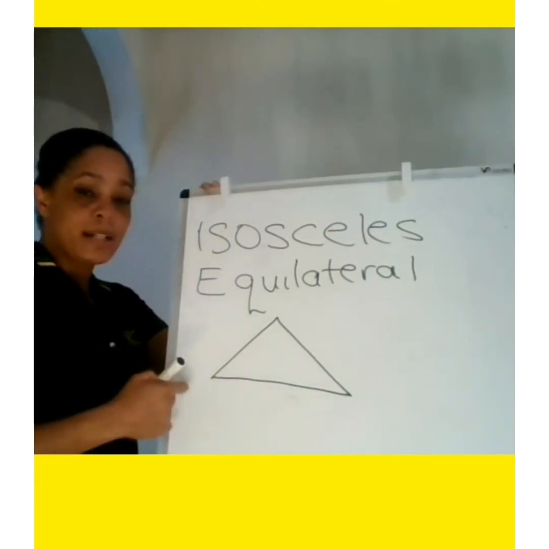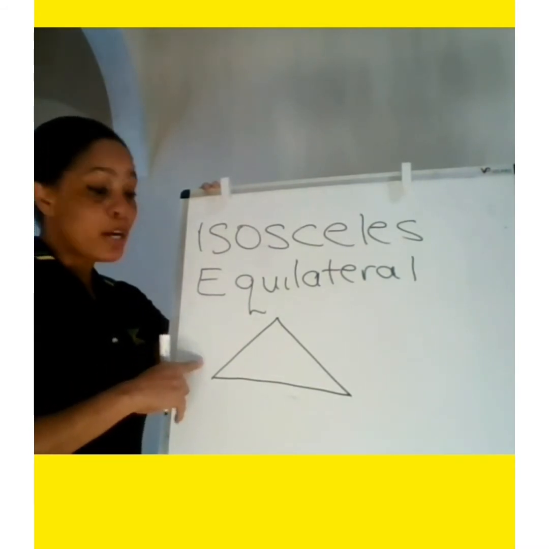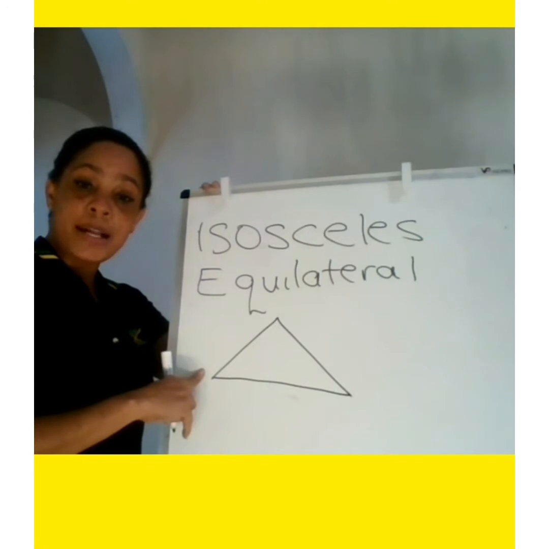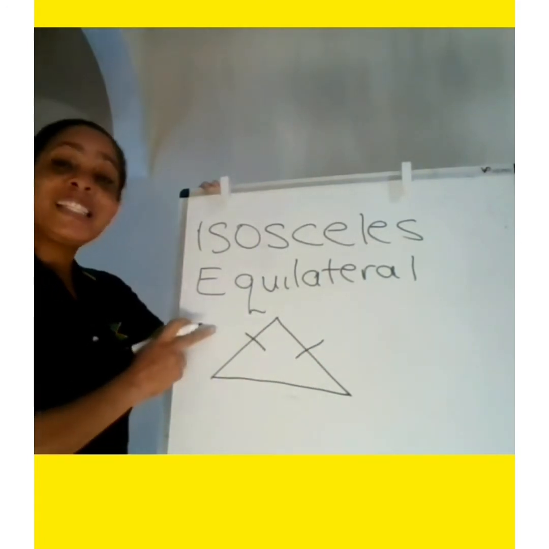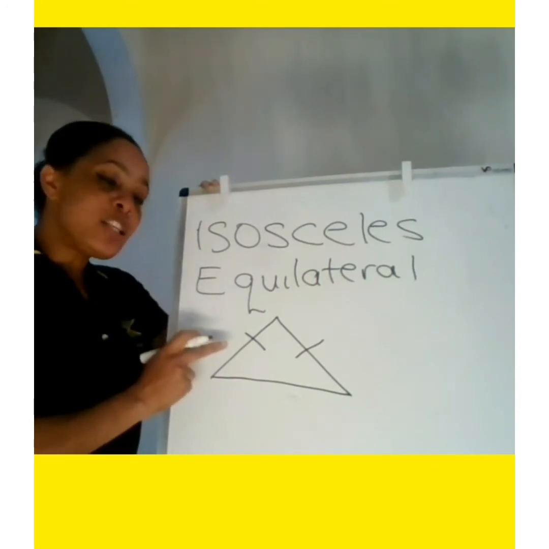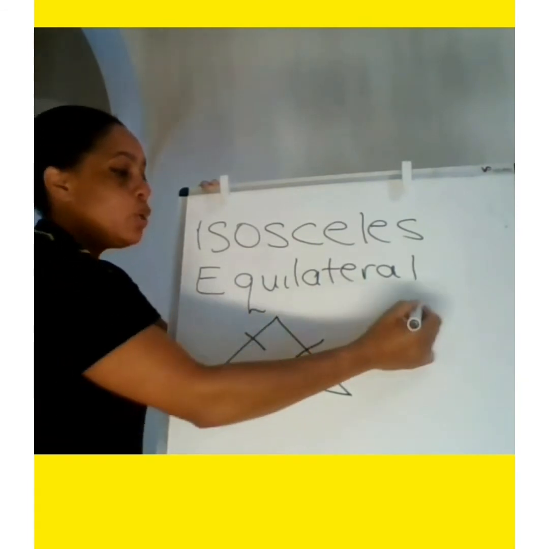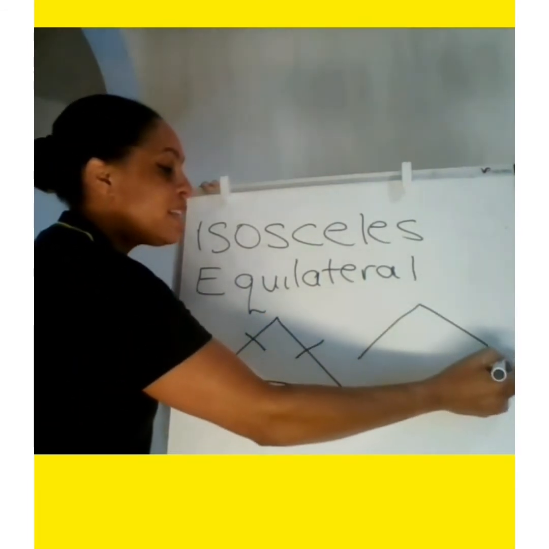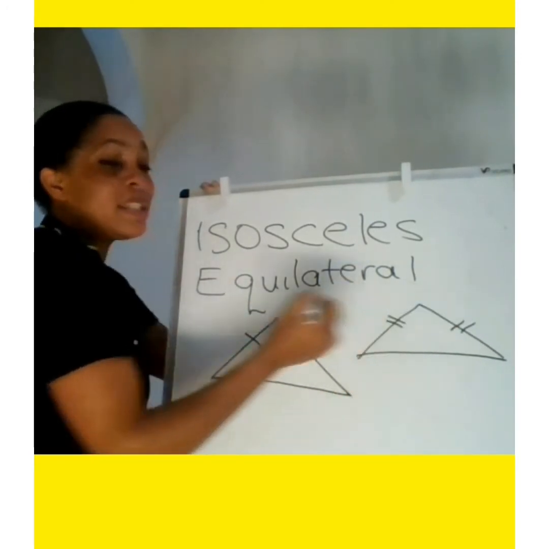Here we have a triangle. At the moment, we do not know what type of triangle it is. We're assuming that's a scalene triangle. However, if I put two lines like that on it, it is telling me that it's an isosceles triangle. An isosceles triangle is one in which two sides are equal. You might sometimes see the sides that are equal using double lines instead of single lines.